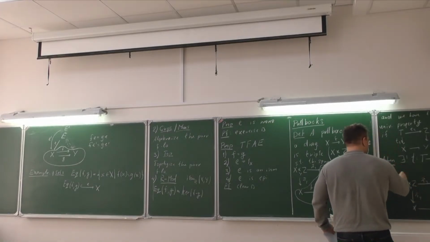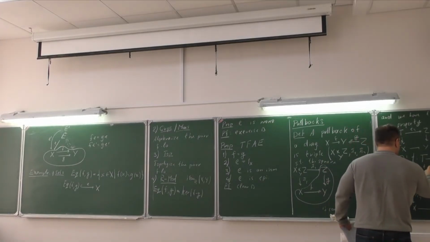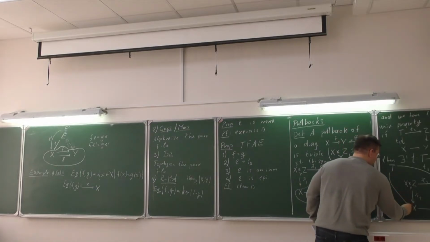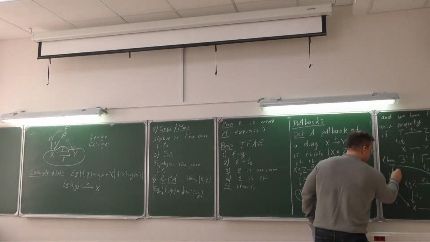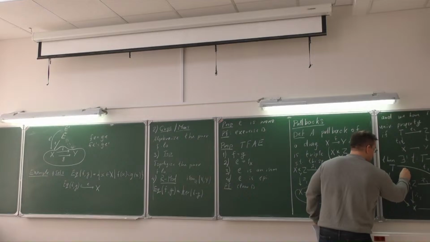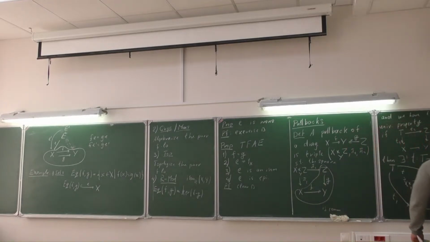Then there is an additional T that has maps T2 and T1, and then for this data there is a unique t.